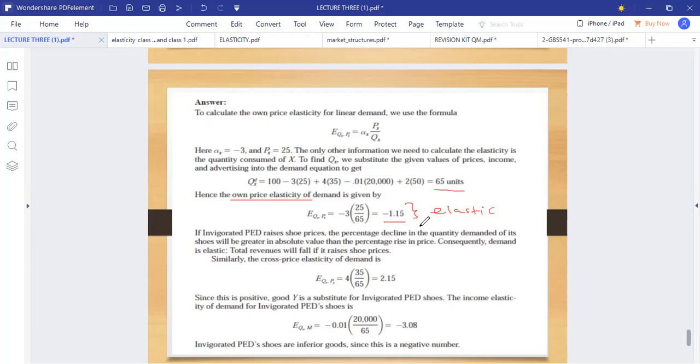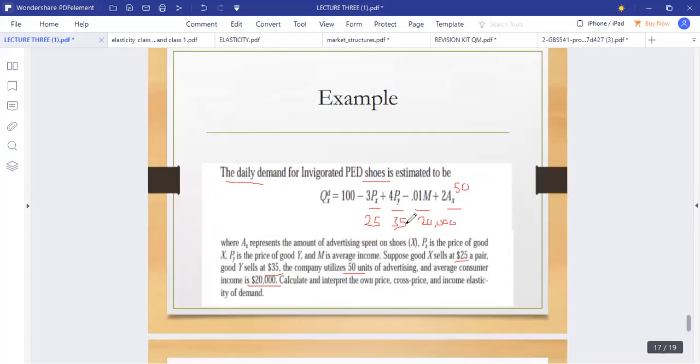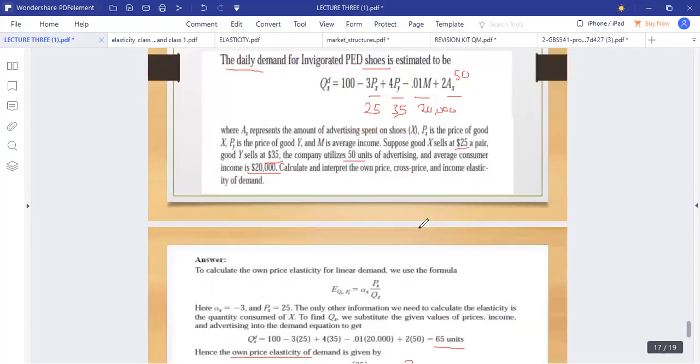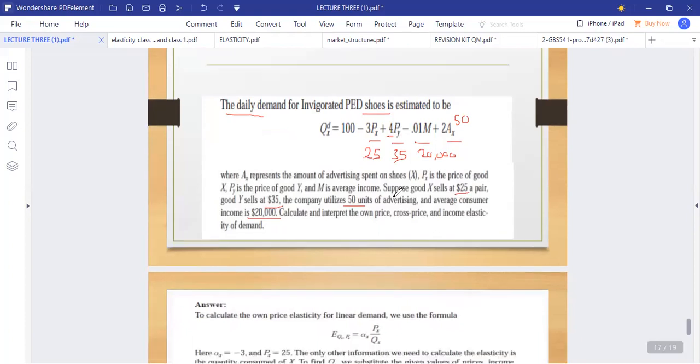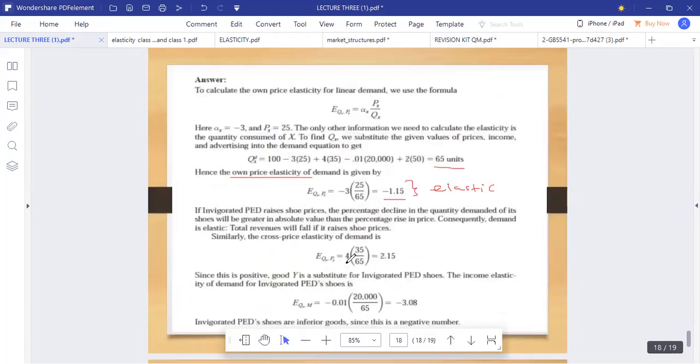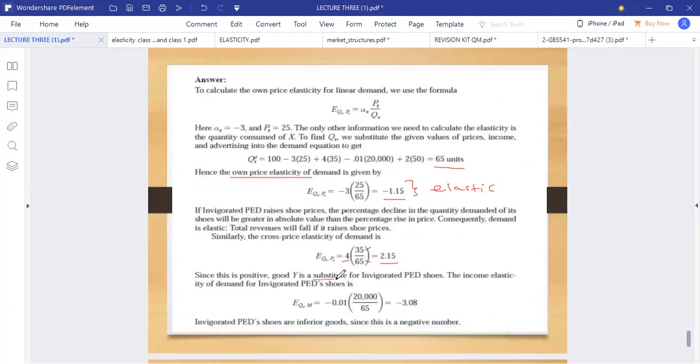Go to the next one. We're going to get the 35 over the 65. So firstly, we identify the coefficient, +4. So +4 times 35 over 65. We get +2.15. Since it's positive, we can say it's a substitute good.